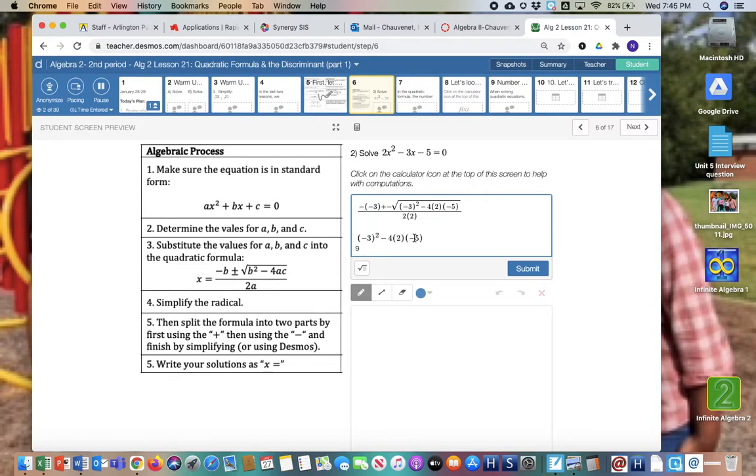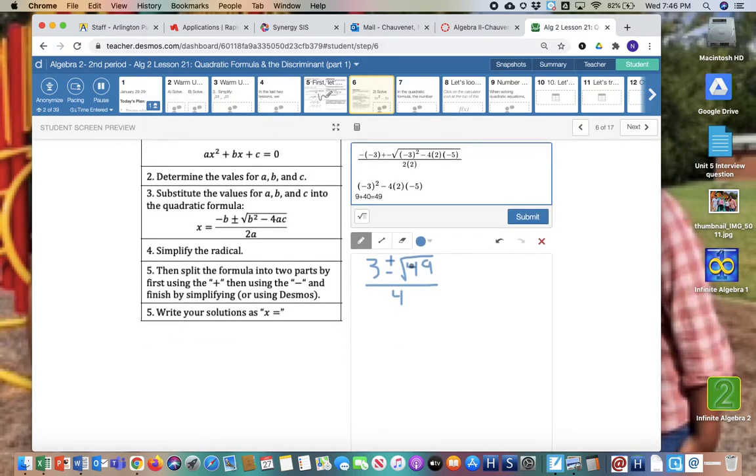Negative 8 times negative 5 is going to give us a positive 40. So then that is going to add to 49. So what we're really going to get here, remember minus a negative is really like a positive. So you get 3 plus or minus the square root of 49 over, well, 2 times 2 is 4.